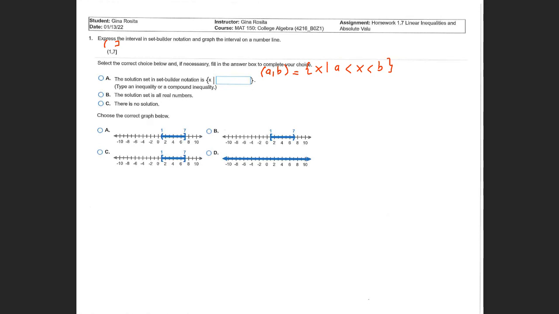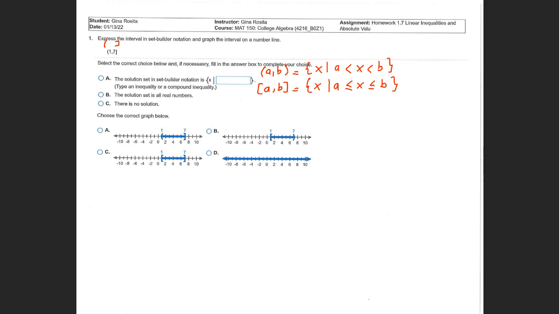Now, the closed interval, with brackets, is the set of all real numbers x such that A less than or equal to x less than or equal to B.